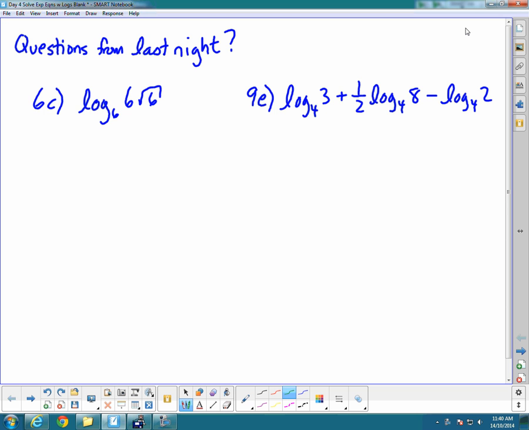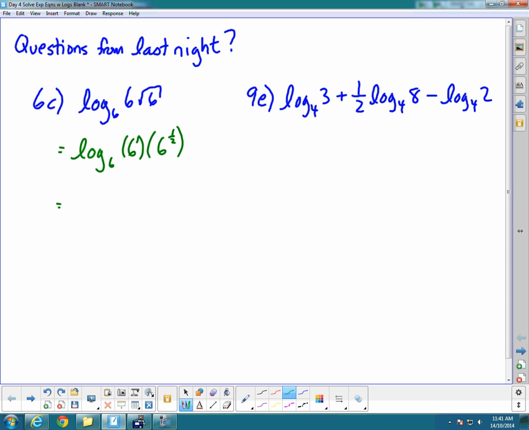So in the first one, we're asking you to try and figure out the log base 6 of 6 root 6. So we can change this a little bit. The 6 is just 6 to the exponent 1. And the root 6, remember, that means 6 to the 1/2. The square root is 6 to the 1/2.